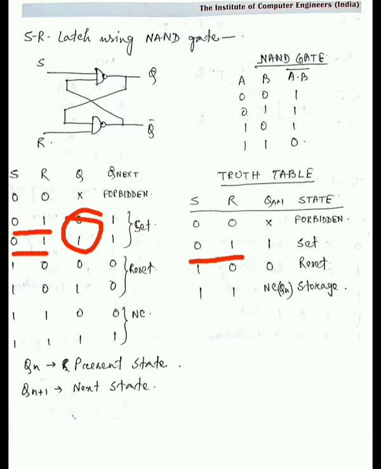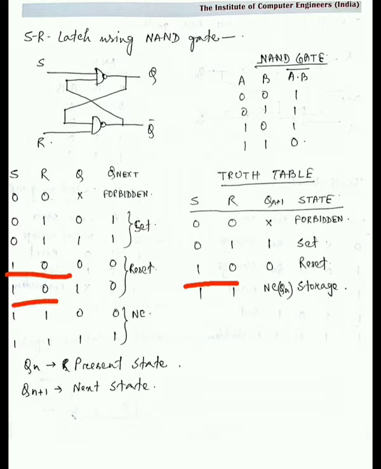Output 1 means it is set condition. Here I am using Qn plus 1. Qn plus 1 means next condition. So if S is 0, R is 1, it is set condition. Now our third point, if S is 1, R is 0, whatever be the value of Q, output will be 0.